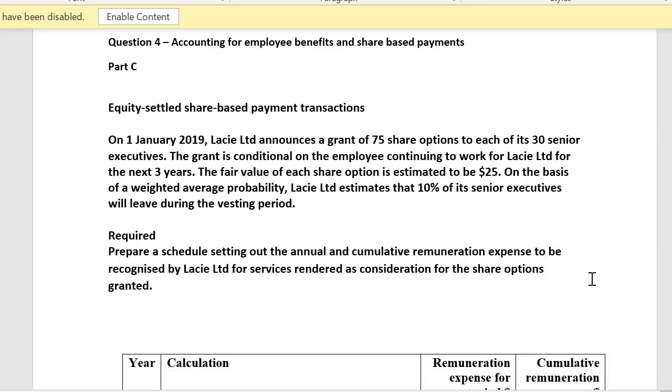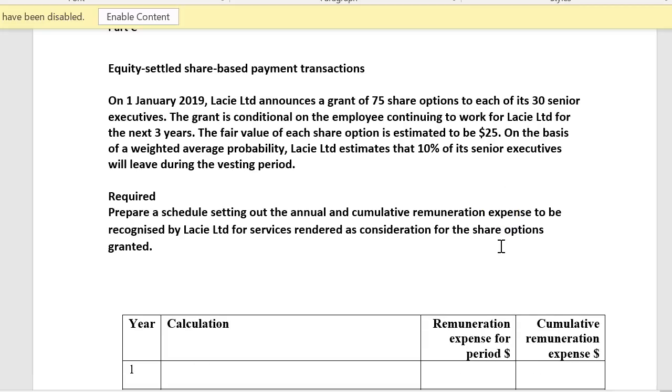All right, next, employee benefits and share-based payments, part C. All right, guys, for this question, what you need to do is work out the remuneration expense of these options.